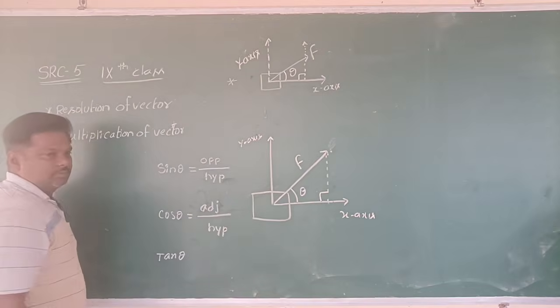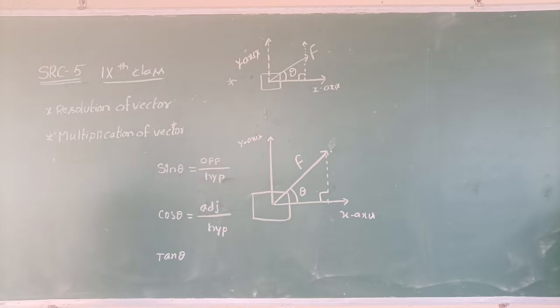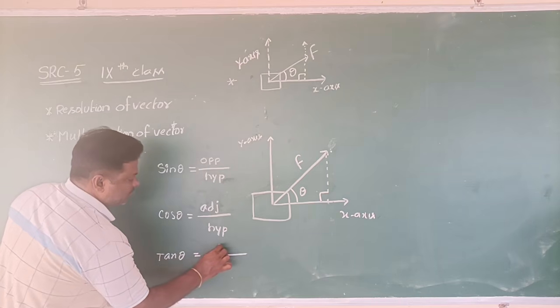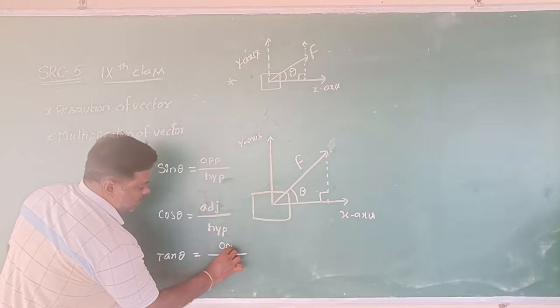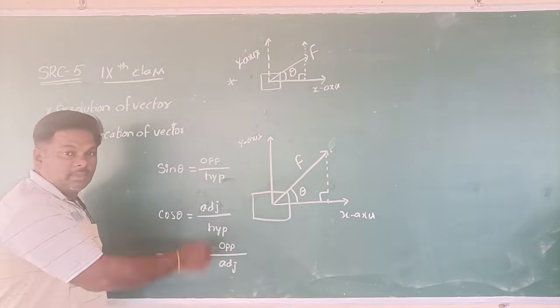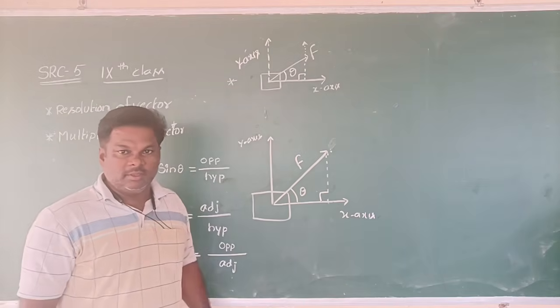You get one number. And tan theta gives you the ratio of the opposite side to the adjacent side. So no need to learn by heart. When it comes into action, then I will explain.